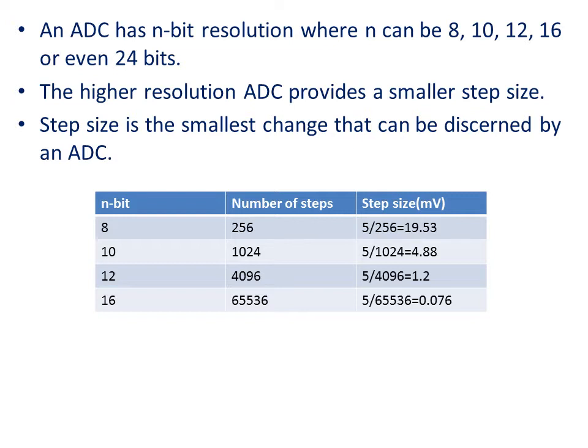For 12-bit ADC, the number of steps will be 4096 and the step size will be 1.2 millivolt. For 16-bit ADC, the number of steps will be 65,536 and the step size will be 0.076 millivolt.